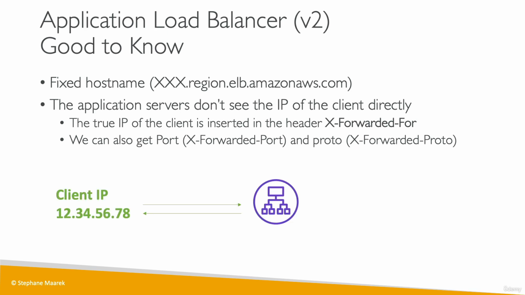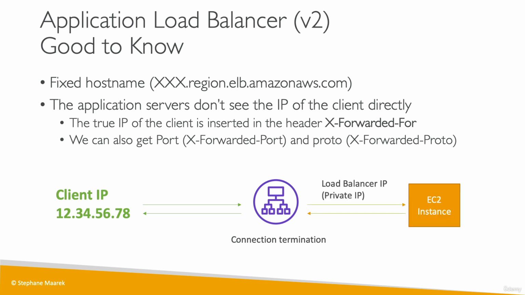What that means is that our client's IP, which is 1.2.3.4.5.6.7.8, is directly talking to our load balancer, which performs something called a connection termination. When your load balancer talks to your EC2 instance, it's going to use the load balancer IP, which is a private IP, into your EC2 instance. For the EC2 instance to know the client IP, it will have to look at these extra headers in your HTTP request, which are called X-Forwarded-For, Port, and Proto.